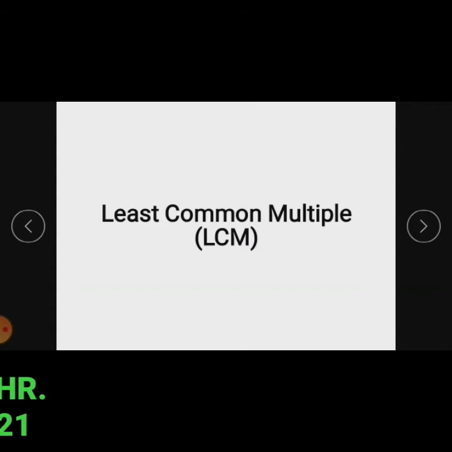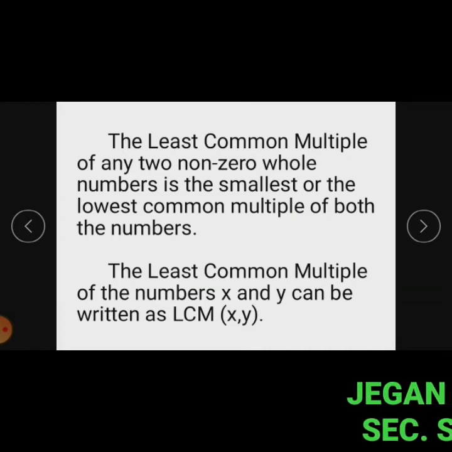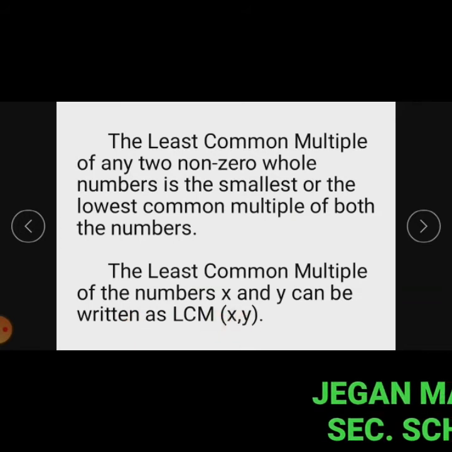Least common multiple, LCM. The least common multiple of any two non-zero whole numbers is the smallest or the lowest common multiple of both the numbers. The least common multiple of the numbers x and y can be written as LCM of x and y.